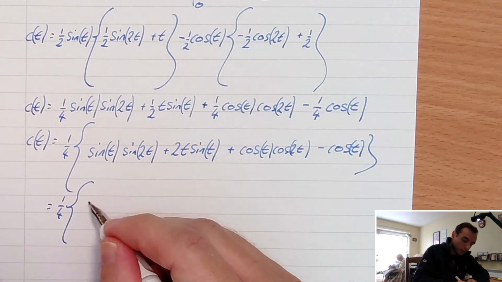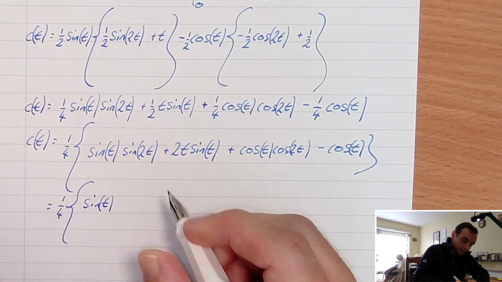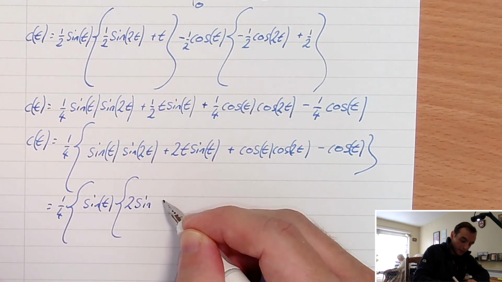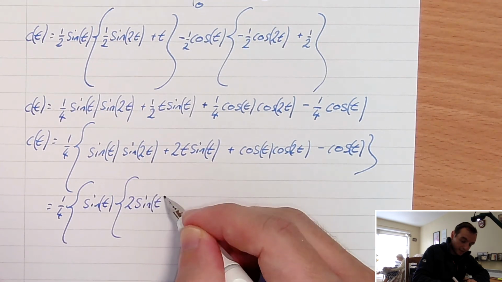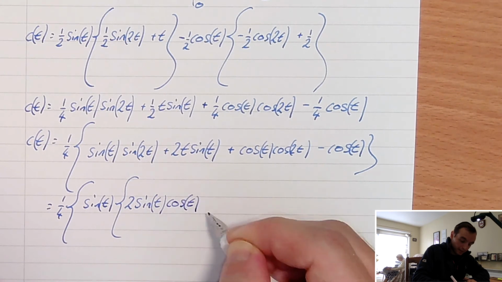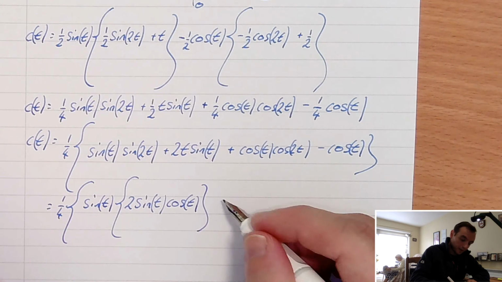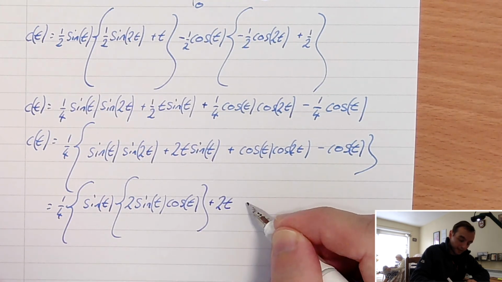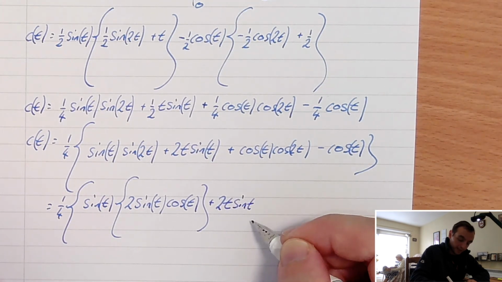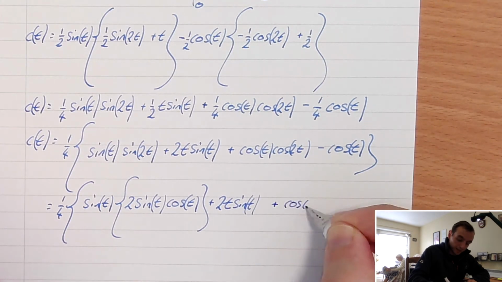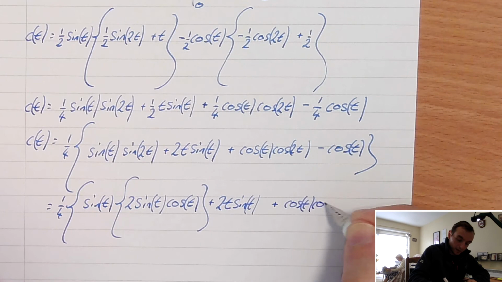So let's do 1/4 sine t times sine 2t, which is 2 sine t cosine t, plus 2t sine t plus cosine t cosine 2t minus cosine t.